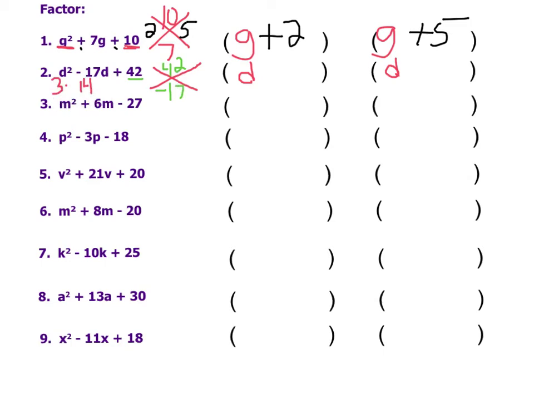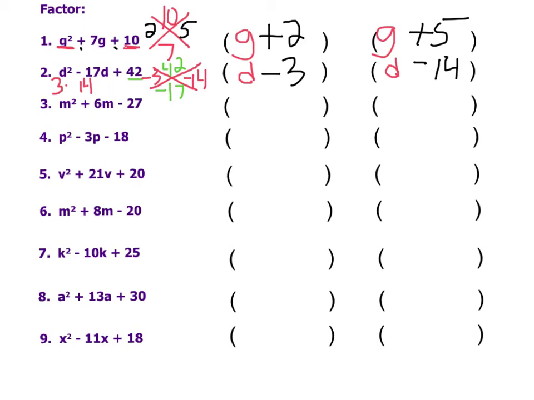I also know that this is like example 2 from the other page where this is positive but this is negative. So that tells me I have 2 negatives added together to get that. So what I'm going to do is say negative 14 multiplied by negative 3 will give me positive 42. And if I add them together, I'll get negative 17. So minus 3, minus 14.